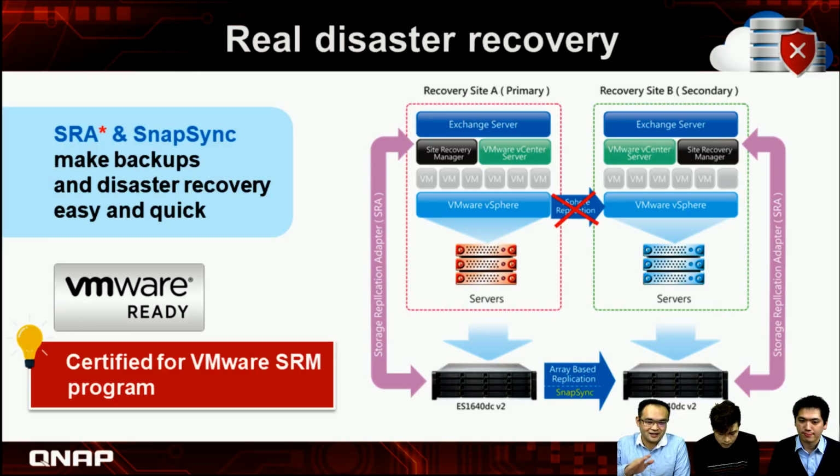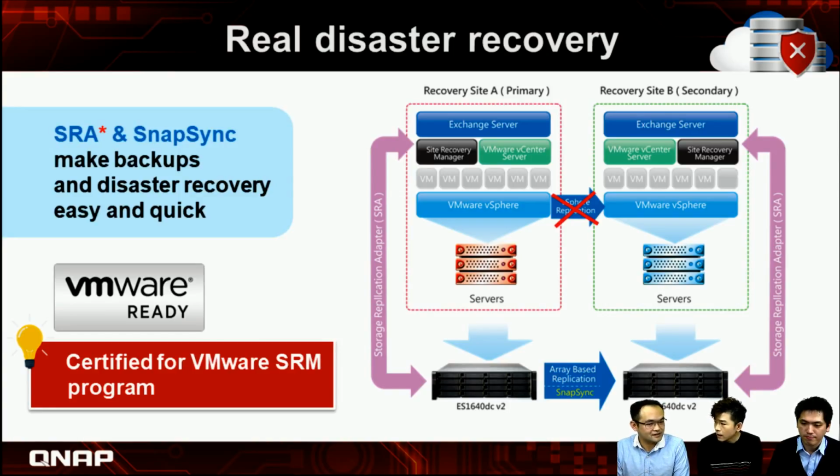It can trigger the QES storage to use SnapSync to help you migrate your data to the remote side, offloading the server side loading to transfer the data. And our QES SRA plugin is also certified for the VMware SRM program.